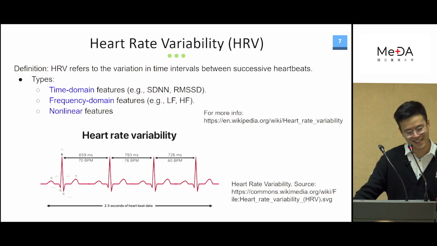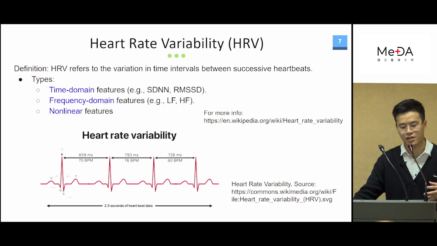So if we somehow measure the variation or the volatility of the heart rate, we can deduce that maybe we can classify each signal this way. These are called HRV features. It tries to record all the RR intervals and calculate some kind of variability out of them.